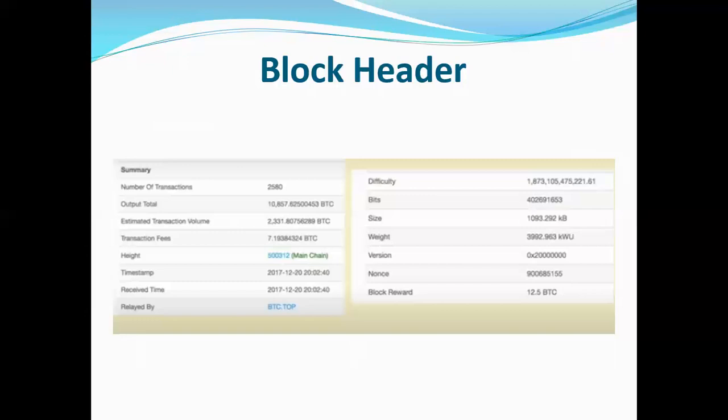Now there is another parameter, KWU, that actually balances the size of the block. Next is Bitcoin architecture version, and finally the nonce value that is used to generate the hash value. So with this nonce, the intended hash value is found by the miner, and the block reward. That means by generating this block, the total amount of Bitcoin the miner has earned.